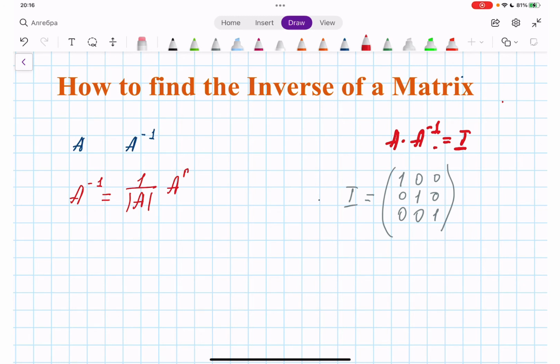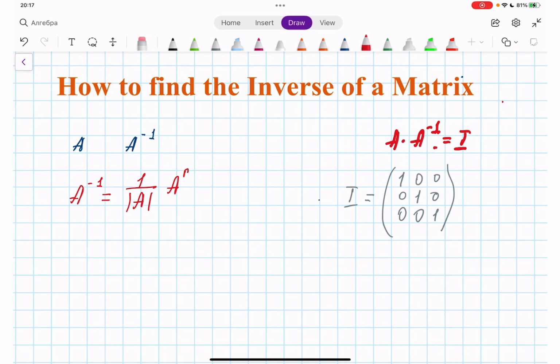One more time: the concept of an inverse matrix exists only for square matrices. If the matrix is not square, you cannot find the inverse matrix, because it simply doesn't exist. A square matrix is a matrix where the rows and columns have the same amount, like size 2 by 2, 3 by 3, n by n. Okay?